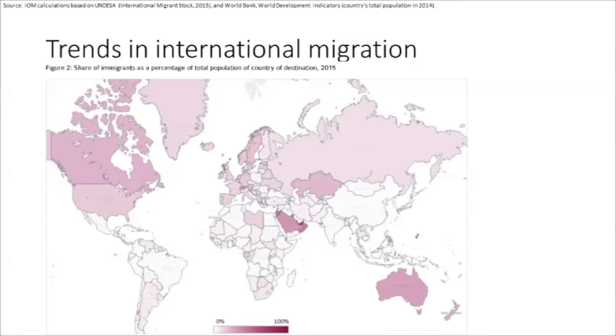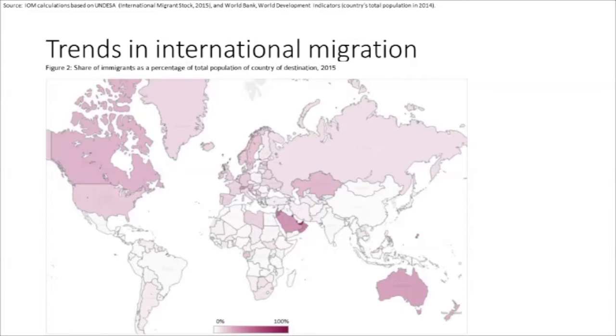As you know, the United States is a traditional host country for migrants. The United States has the so-called green card program. So every year the United States is accepting migrants from all over the world. But there's also some degree of undocumented migration, as I mentioned before.